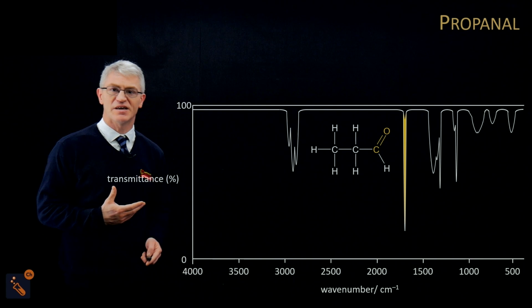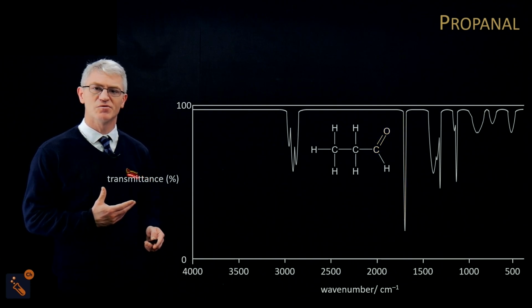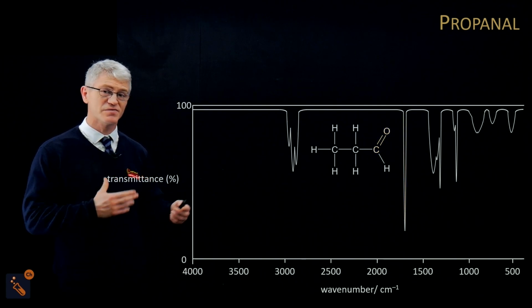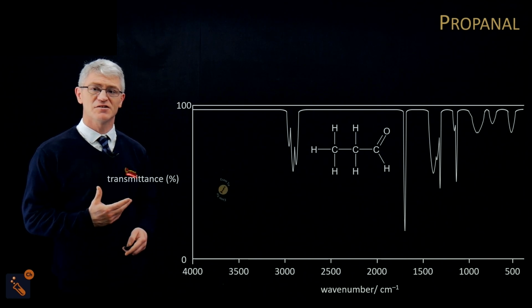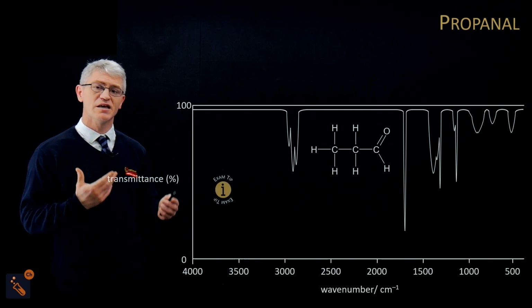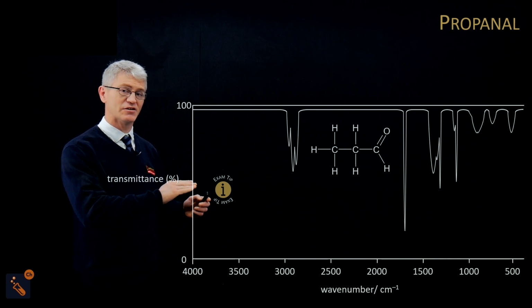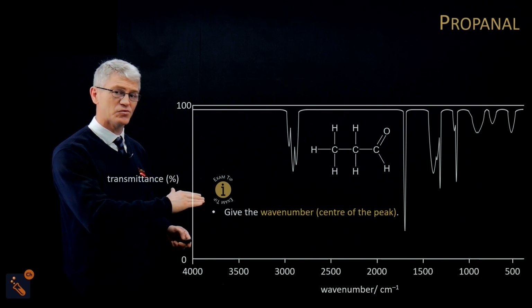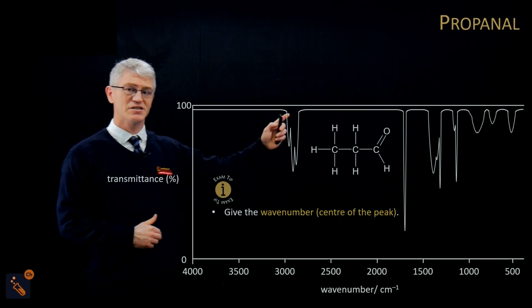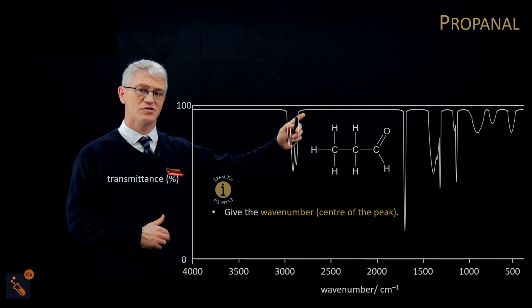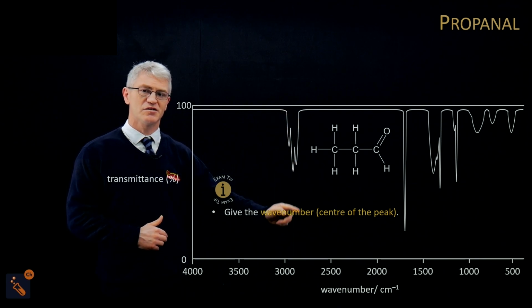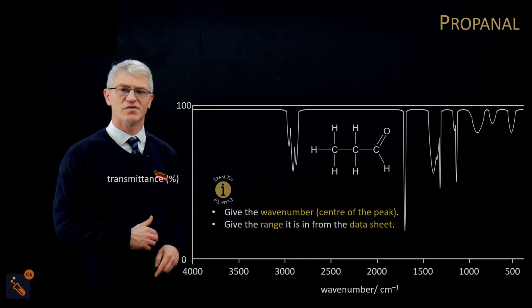If that is the case, we can then analyse the spectra to find out what type of bonds they are, and there's a certain way in which you do it. This is worth writing down in your notes. Always give the wave number at the centre of the peak. This is one peak because you can see the base is all joined up, so you go down the centre and give the wave number of that.